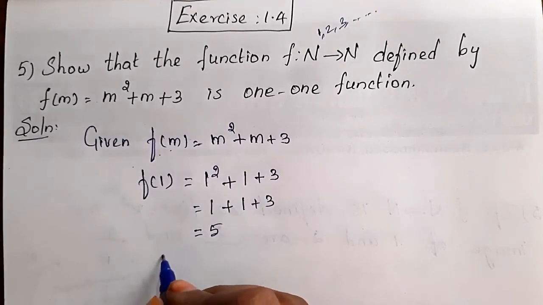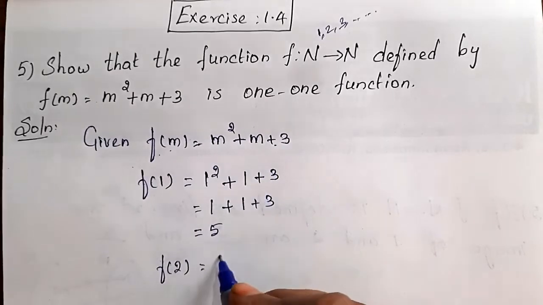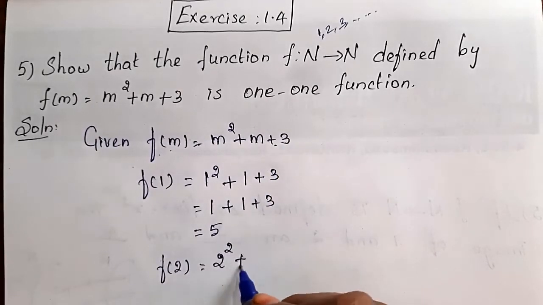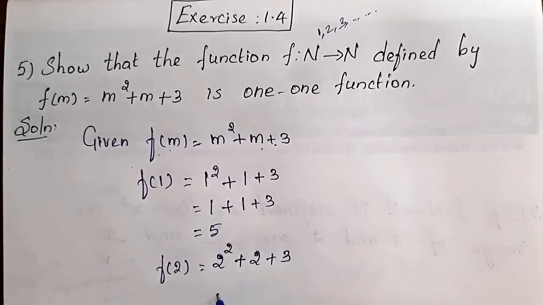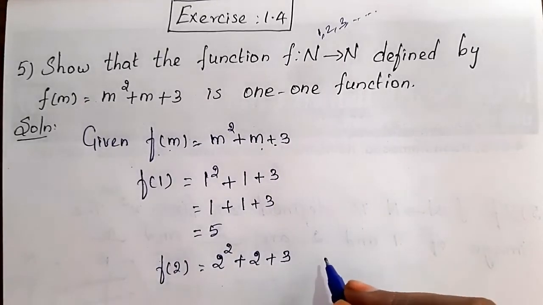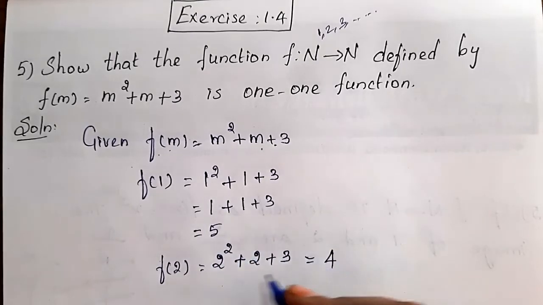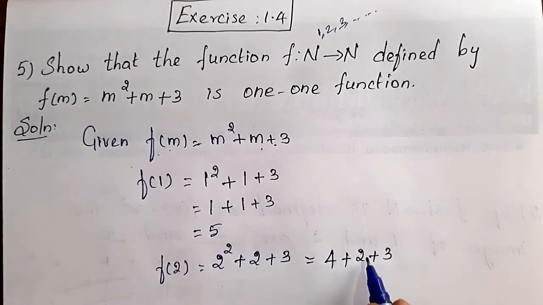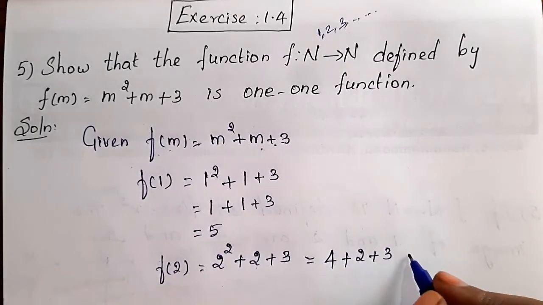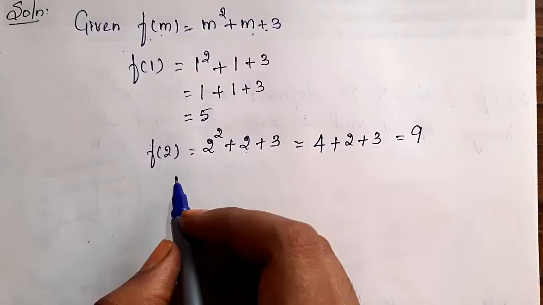Next you can apply f of 2. In place of m apply 2. So 2 square plus 2 plus 3. 2 square value is 4, plus 2 plus 3. Add 4 plus 2, 6, 6 plus 3, 9. So 2 goes to 9.